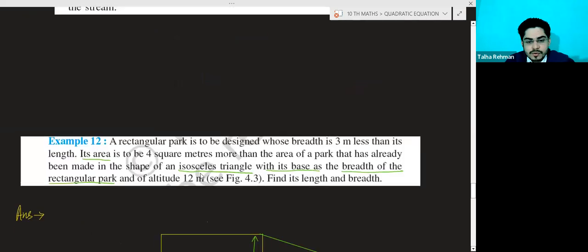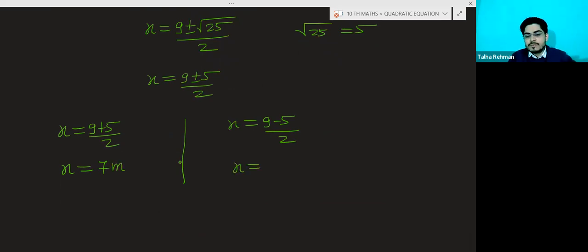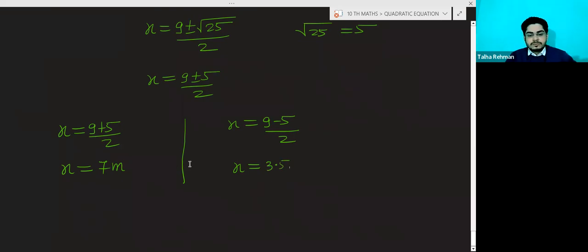In meter it is given. So 7 meter. And it will be x is equal to 9 minus 5, 4, by 2, 2. Meter.